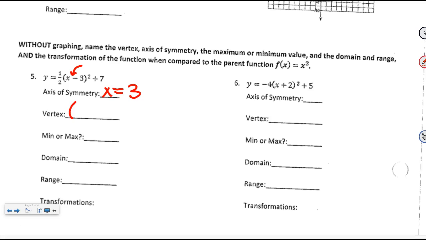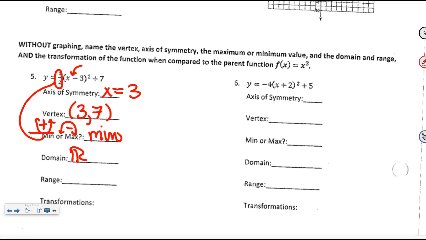The vertex, because this is in vertex form, would be at 3, exactly what I think. Is it a min or a max? Think positive makes me smile. Think negative makes me frown. And then go look at the sign of this lead number. That's what determines it. Because that's a positive 1/2, I will be smiling and I will have a min.